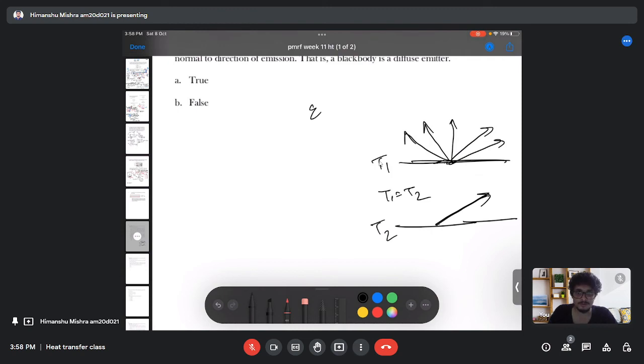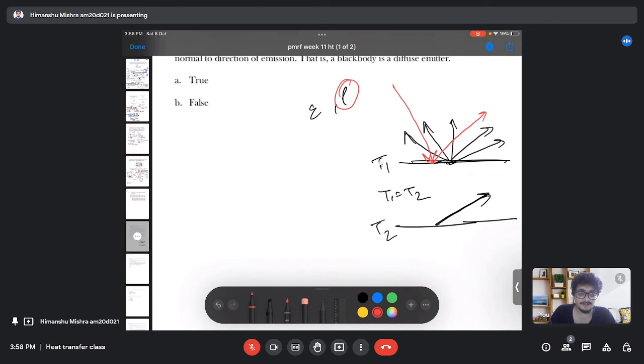If the surface has more emissivity, that means it can emit more radiation. It can also depend on the reflective property rho, that is, if some radiation is coming and hits the surface, how much radiation it will reflect back depends upon the reflectivity.